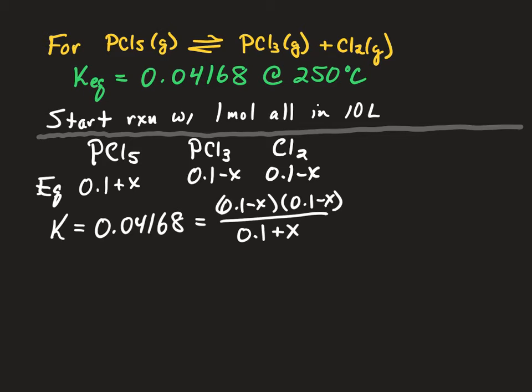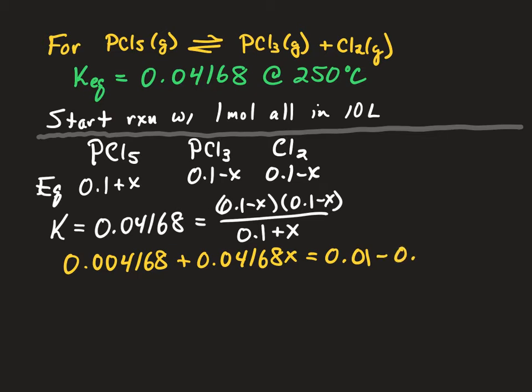And when you do that, you end up with this: 0.004168 plus 0.04168x equals 0.01 minus 0.2x plus x squared.